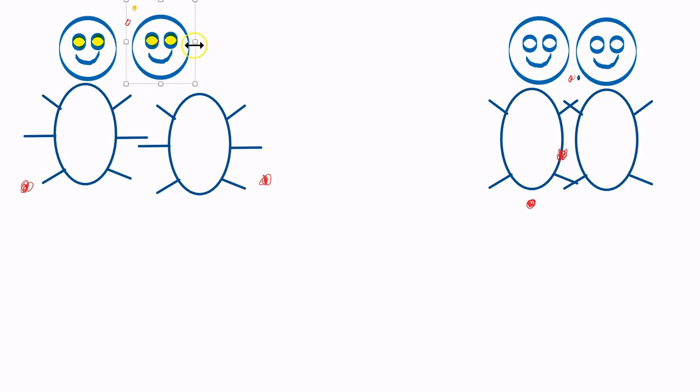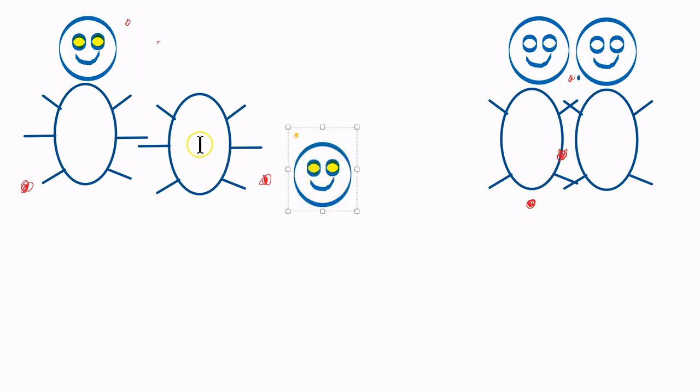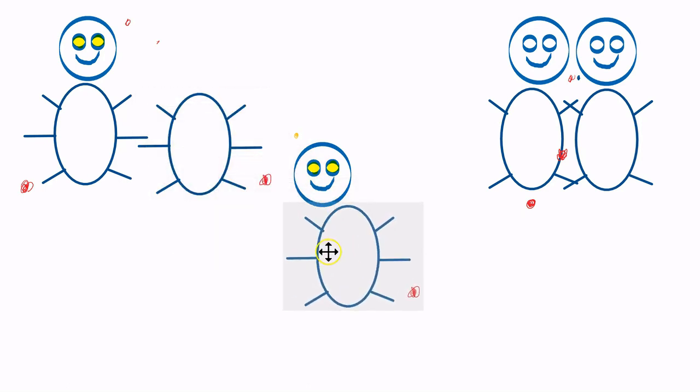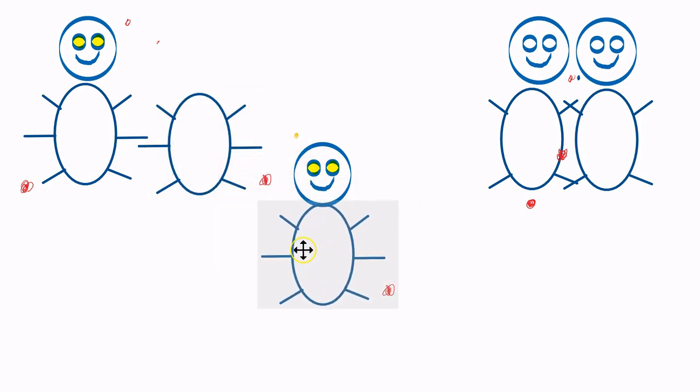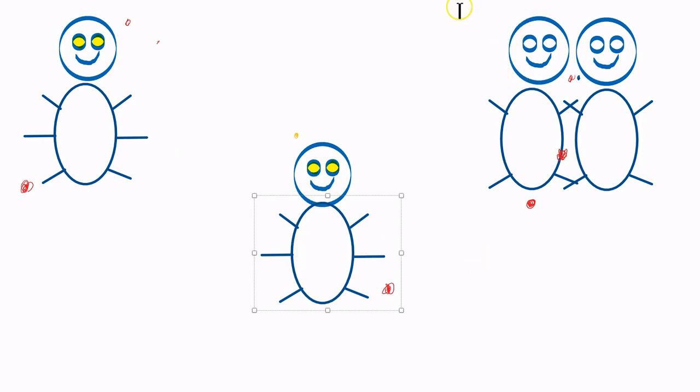From the yellow-eyed and 6-legged parent, we're going to contribute one set of genes that gives it yellow eyes, and we're going to contribute one set that is going to give it 6 legs. And from the white-eyed and 4-legged, we're going to give it a white-eyed.